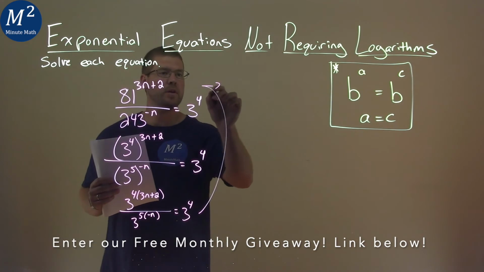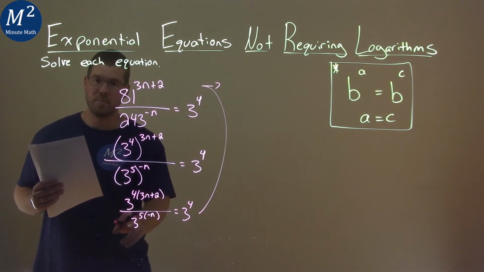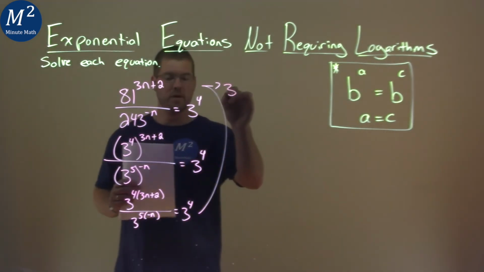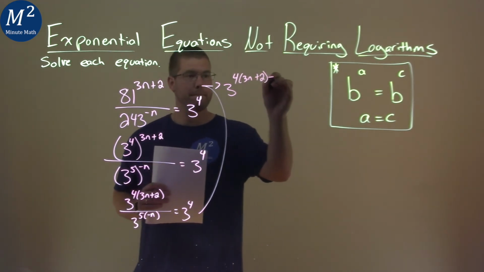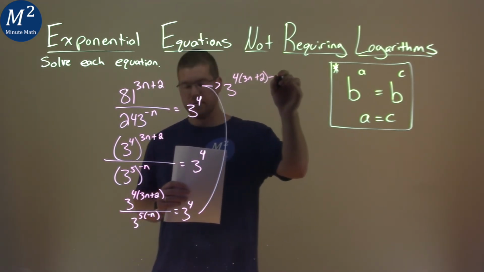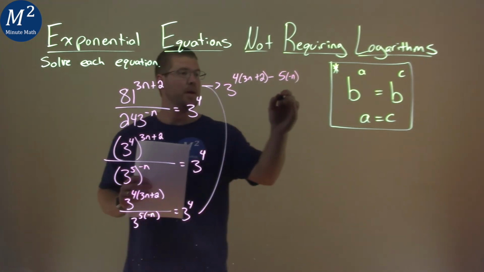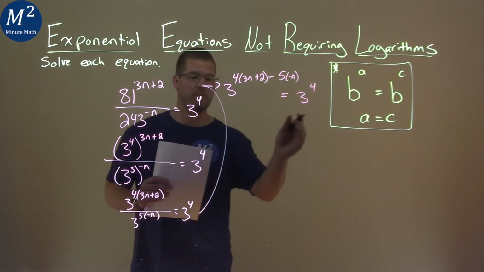Continuing on over here, our rules of division state when we have the same base we subtract the exponents. So I have 3 to the 4 times 3n plus 2 power minus the 5 times a negative n right there, and that's equal to 3 to the 4th power on the right hand side.